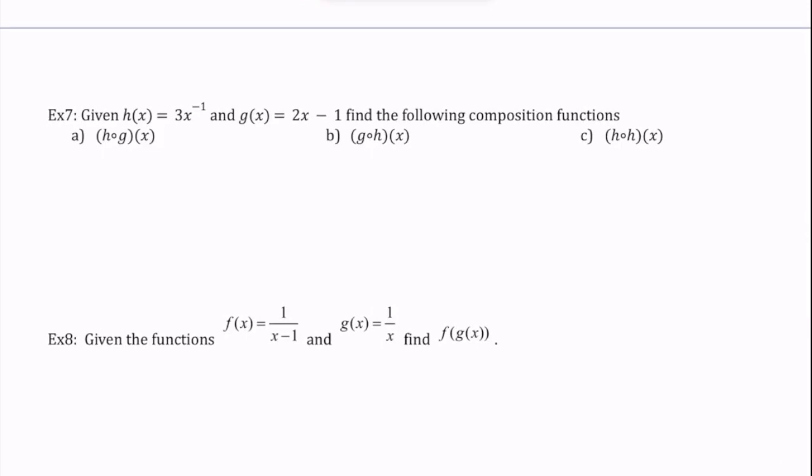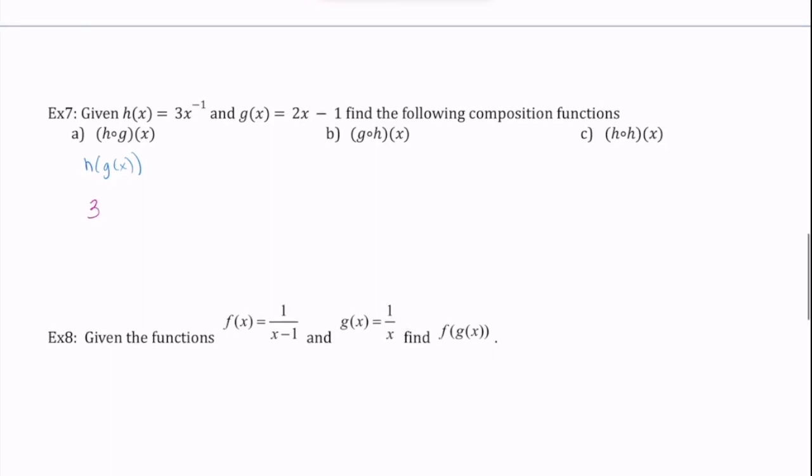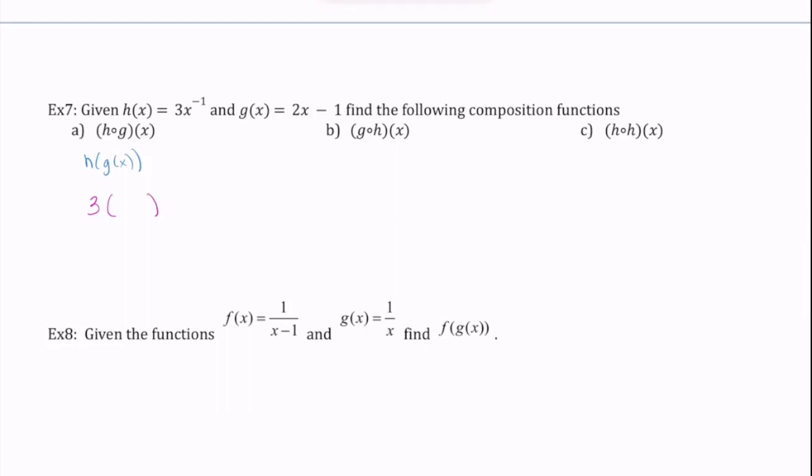All right, so this is going to be similar. Okay, so h of g of x. So g of x is going into h of x. So I'm going to start with 3 times x to the negative first power. And you can write this as 3 over x if you want to, that's the same thing.